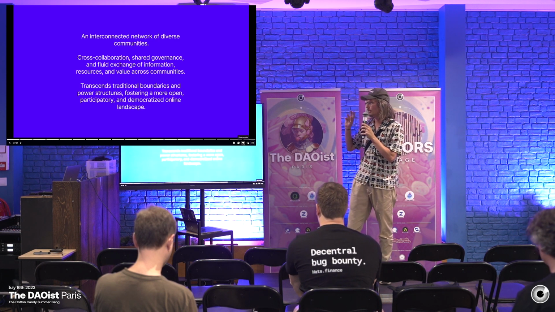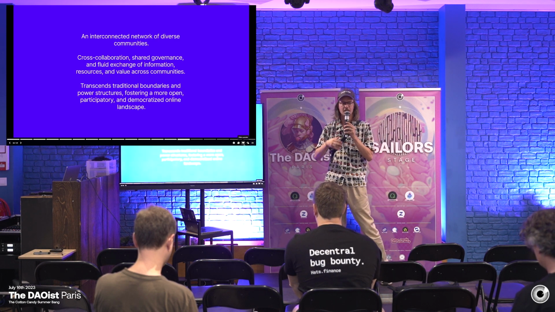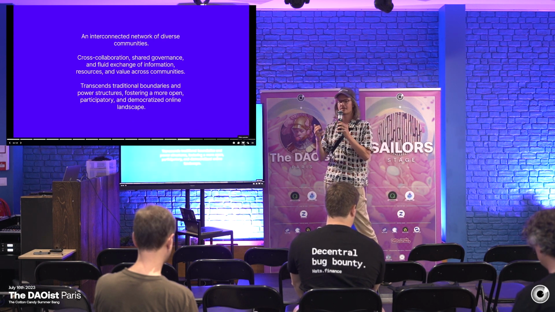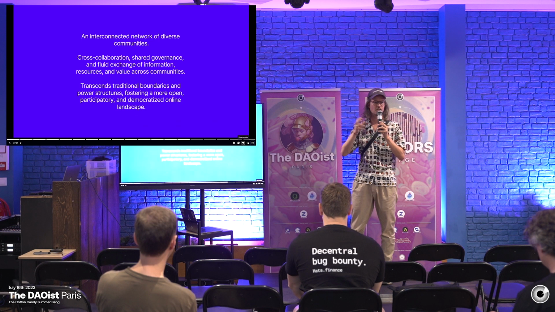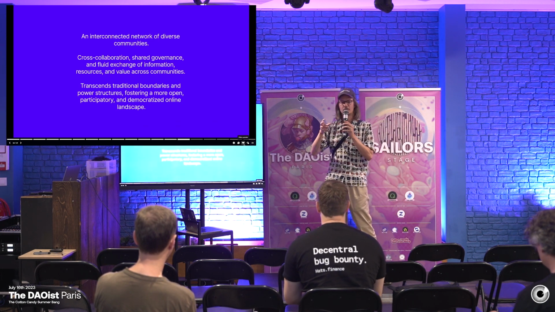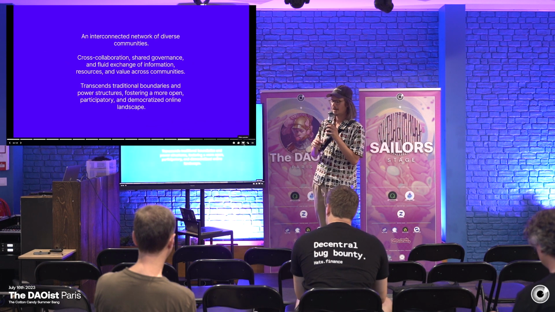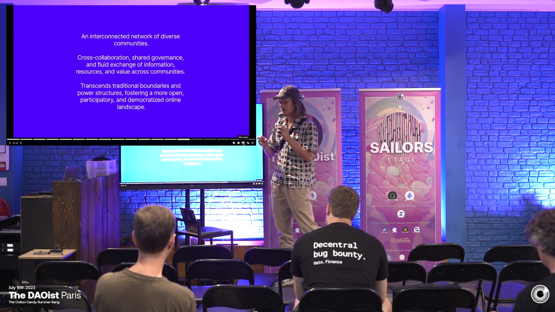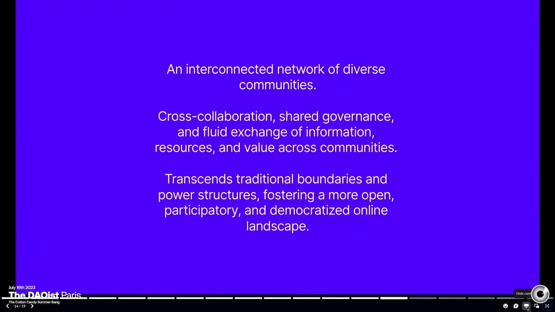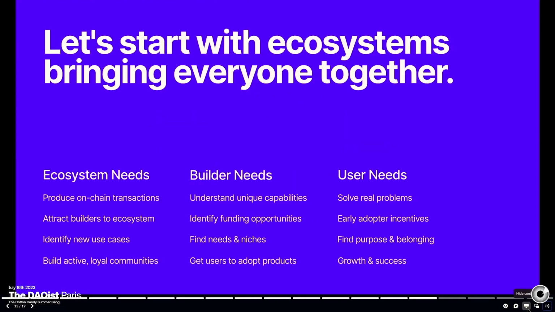Something that is about cross-collaboration, shared governance, shared resources, shared value flows between communities, and something that transcends traditional borders and power structures, and that is just open and participatory. I think we can get there, but it needs to be embedded in software that is actually usable for people.